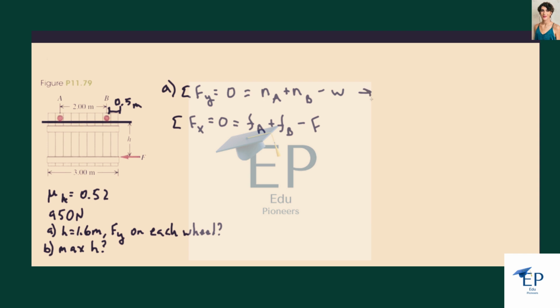So W equals NA plus NB, and F equals fA plus fB, little f's for friction.